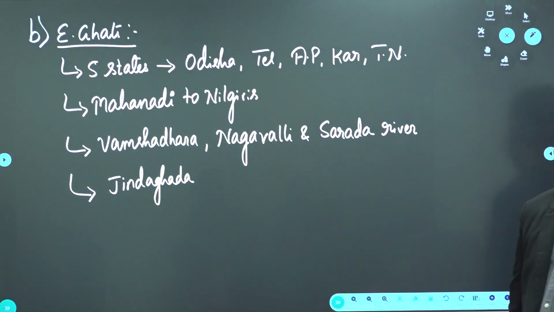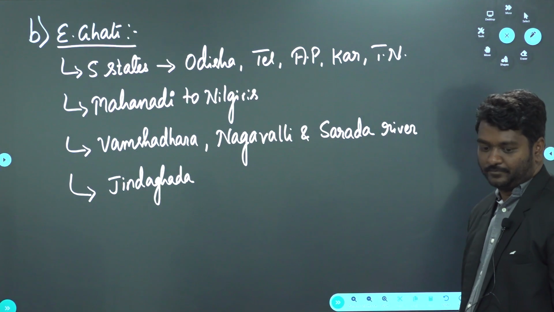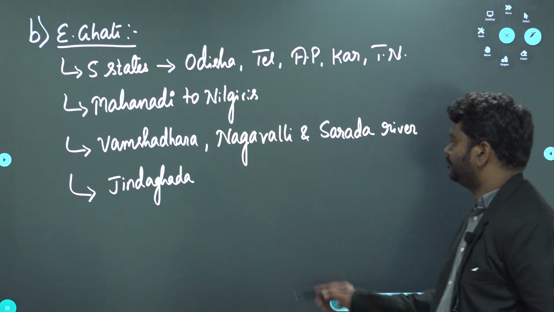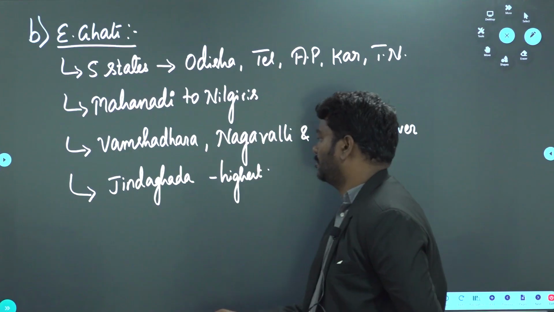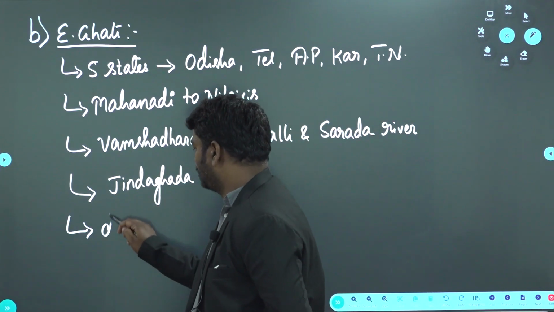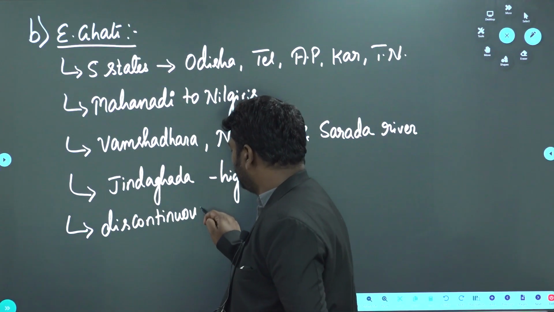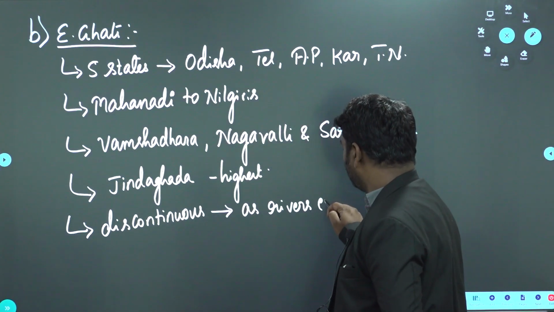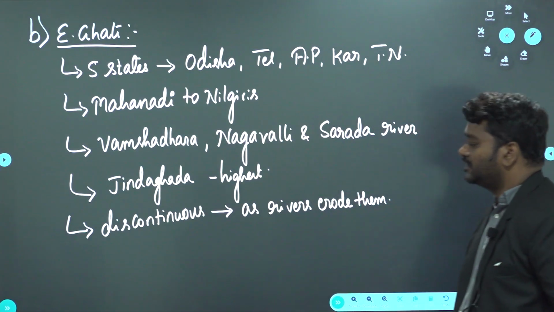Jindagada in Visakhapatnam is the highest mountain peak. They are discontinuous as rivers erode them.